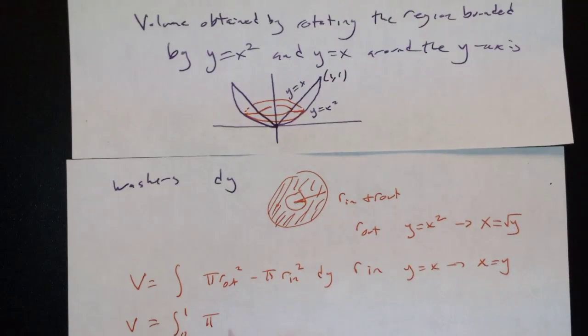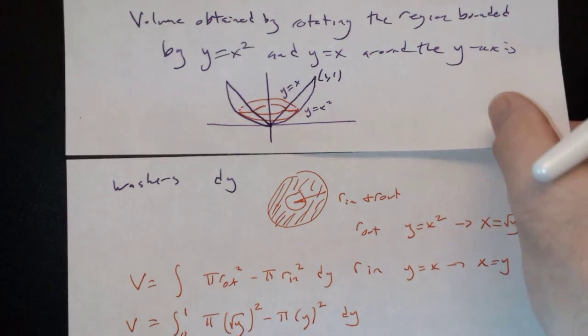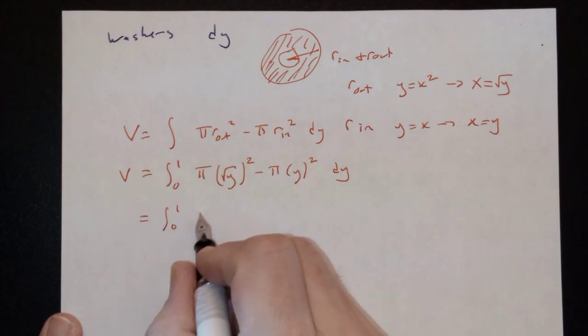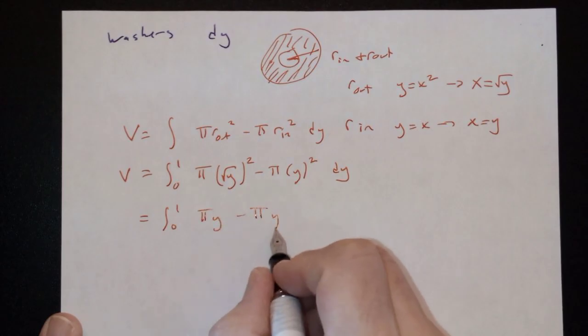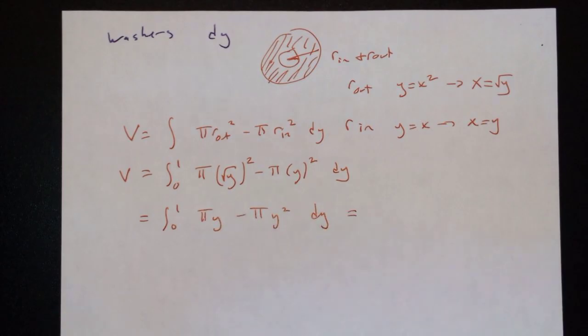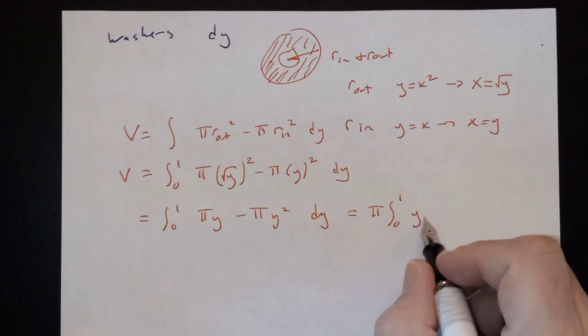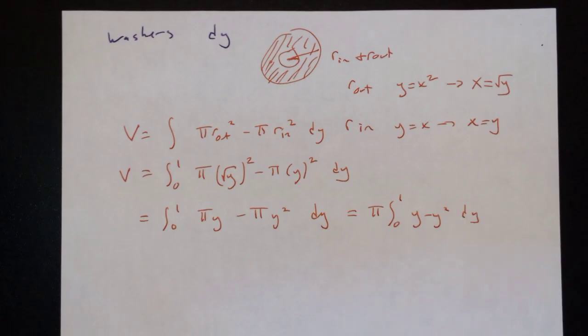Radius out. Radius in. I can pull the pi out, it's constant, take it out front. Piece of cake.